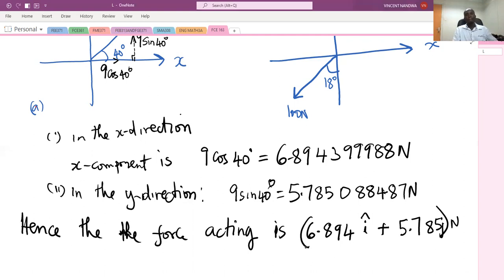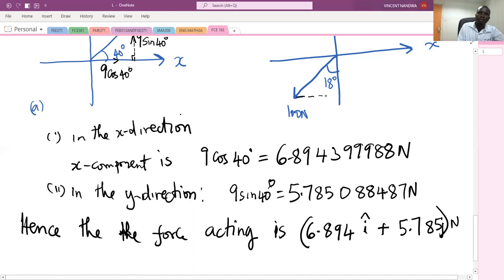For part B, we draw a right angle triangle here. This will be negative 100 cosine of 18 degrees, negative because it's below the x-axis. And this one will be negative 100 sine of 18 degrees, negative because it is to the left of the y-axis.